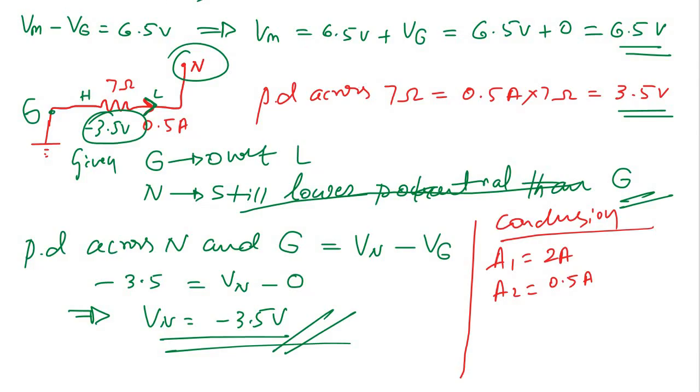Sorry, 1.5 amps, I think so. Yeah, 1.5 amps, because 0.5 is the current through the bottom branch. So the potential at M is 6.5 volt. The potential at N is minus 3.5 volt. These are the answers. That is what we should consider finally.